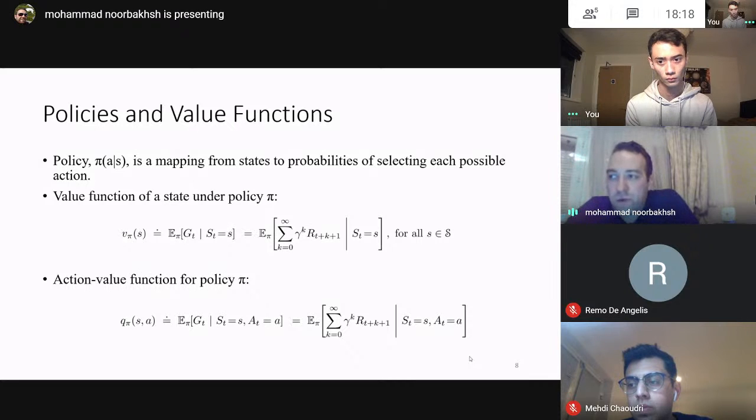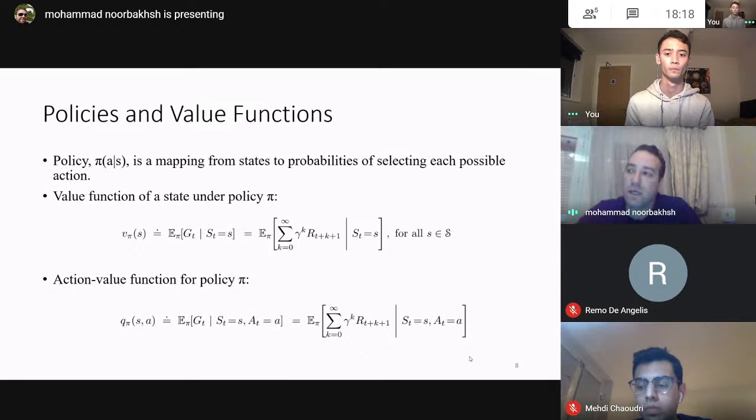Almost all reinforcement learning algorithms involve finding a policy, which we can take as an instruction manual for the agent. It tells the agent, for a given situation or a given state, what the best action is. But at the beginning of the learning, this instruction manual is blank.